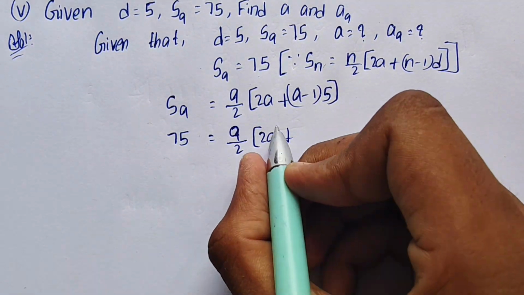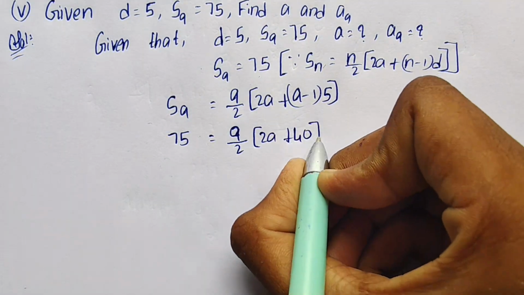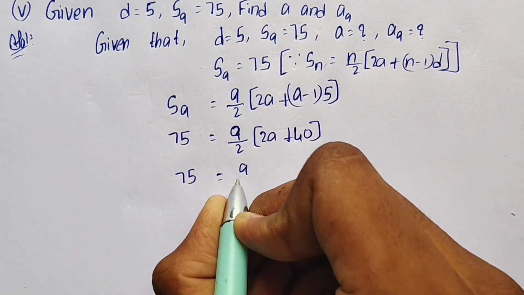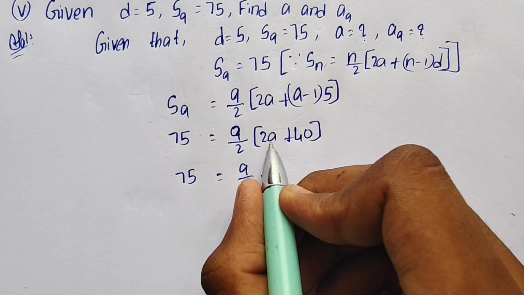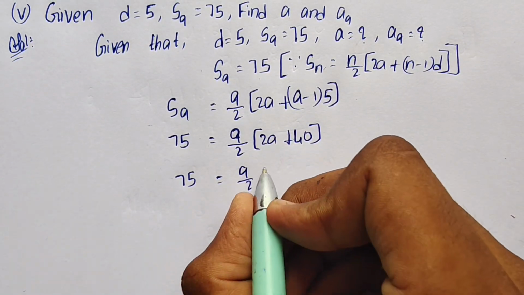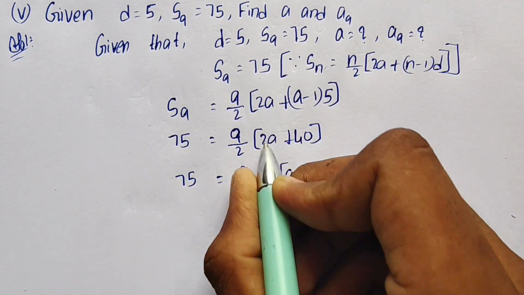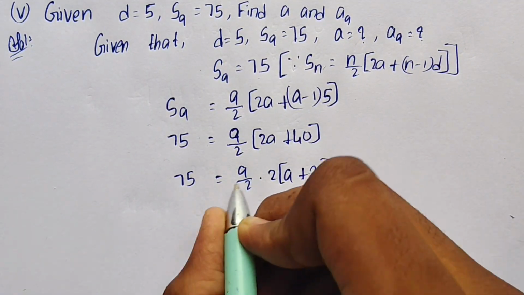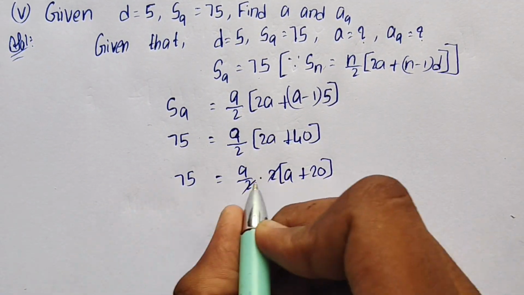So 75 is equal to 9 by 2 into 2a plus 9 minus 1, which is 8, and 8 fives are 40. So 75 equals 9 by 2 into 2a plus 40. Taking 2 common, 2 into a plus 2 into 20. The 2 and 2 get cancelled.